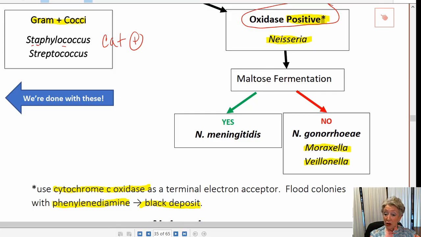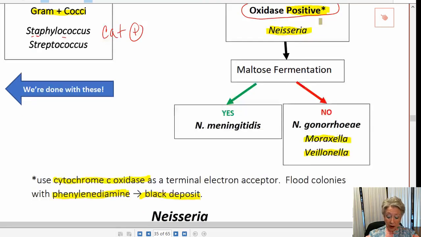So when they do need a terminal electron acceptor, they have to use another molecule. And then our last one in the chapter of the normal bacteria would be Bacteroides, which is an anaerobe. And obviously, if I'm an anaerobe, I do not need cytochrome C oxidase.